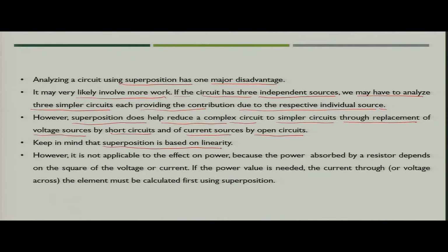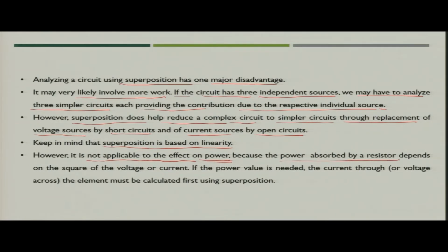And the superposition theorem is based on linearity. So, it is easier to analyze and then add the responses individually to get the final outcome. Now, we have discussed earlier that the relationship between voltage and power, and current and power, is non-linear. So, you cannot apply the superposition theorem to find the value of power. Why?